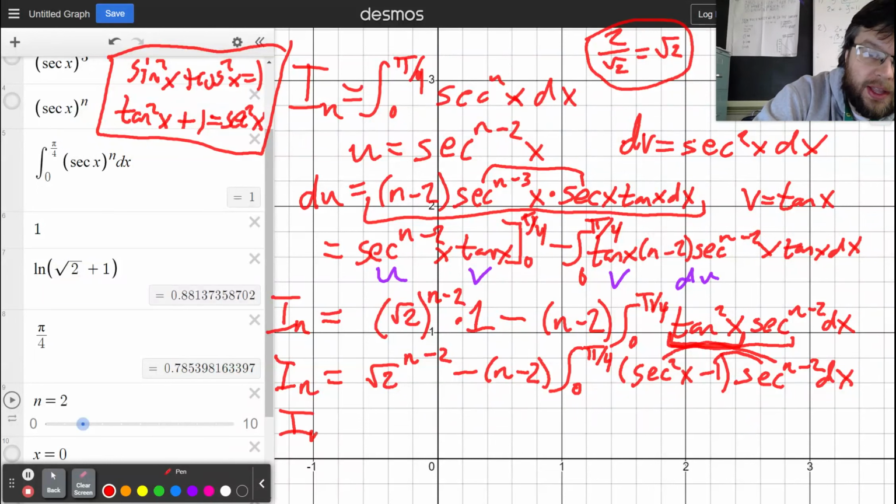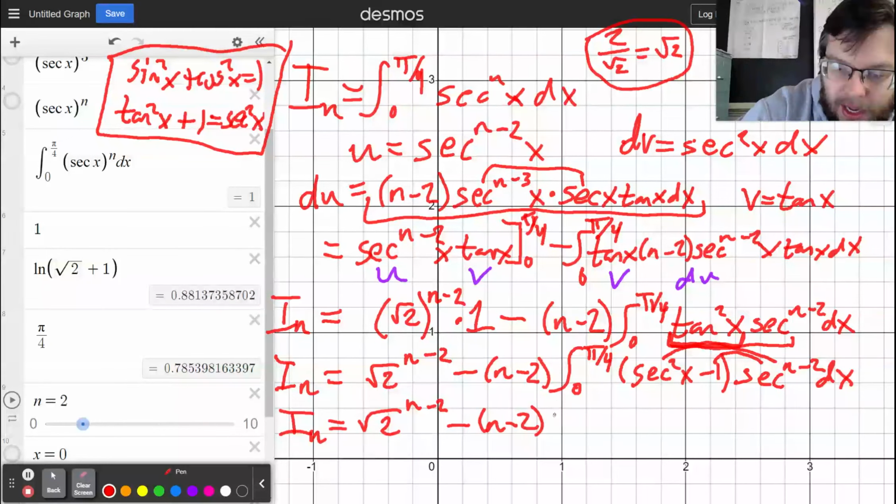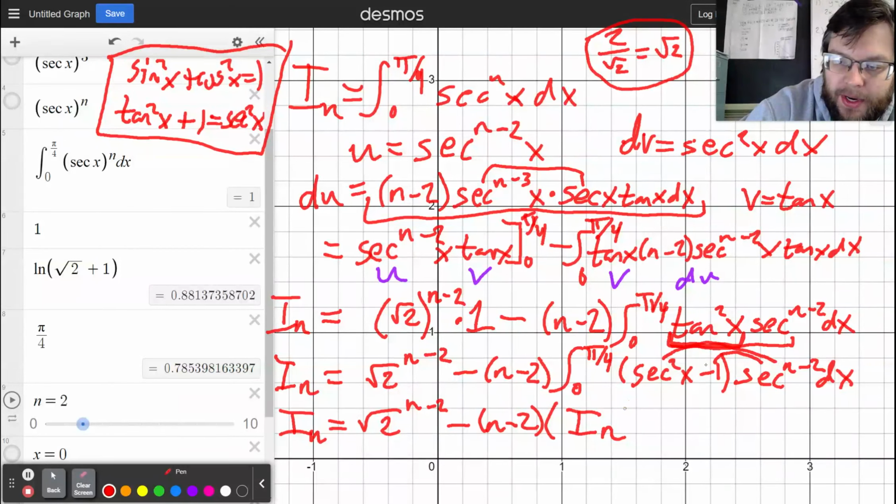So I can write this: square root of 2 to the n minus 2 minus n minus 2 copies of, when I distributed the secant squared, I got secant to the nth, and that's the I sub n. When I distributed the negative 1, I got secant to the n minus 2, and that's I sub n minus 2.